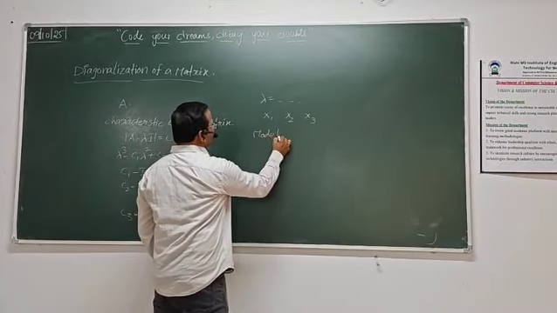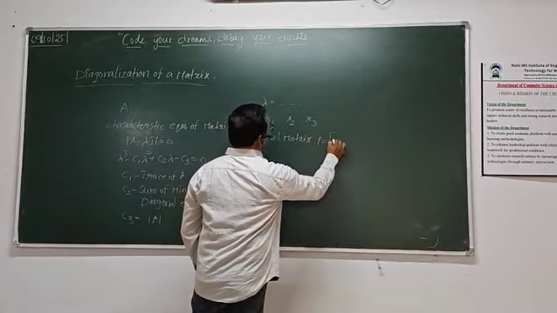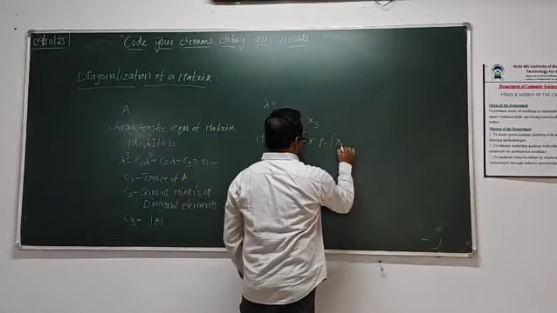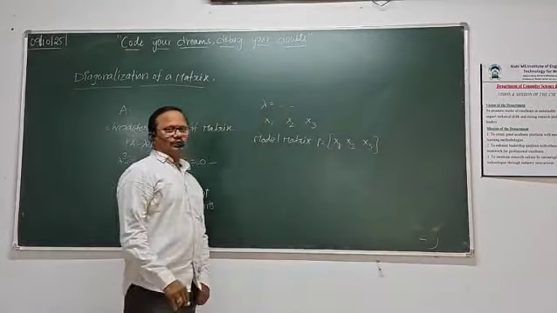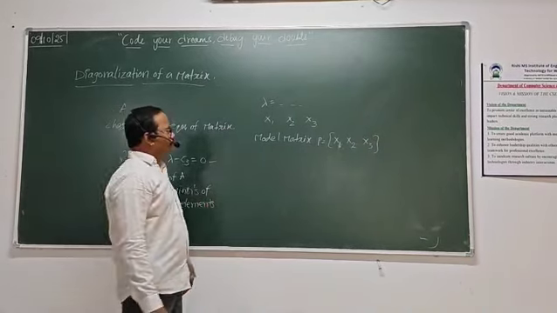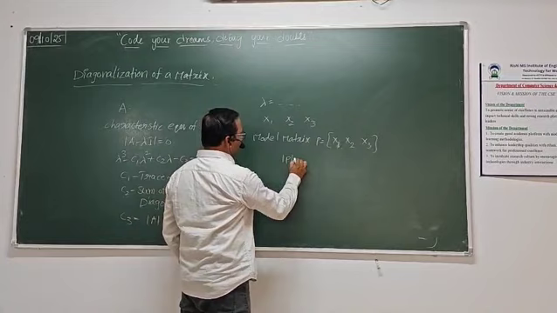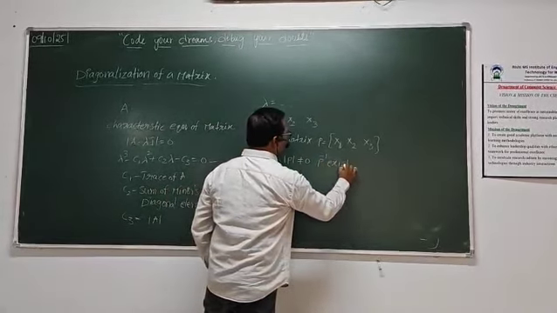After finding the eigenvectors, we write the model matrix P. That is, the model matrix P equals the matrix formed from the eigenvectors x1, x2, x3. After finding the model matrix, find the det P value. If det P is not equal to 0, then P inverse exists.